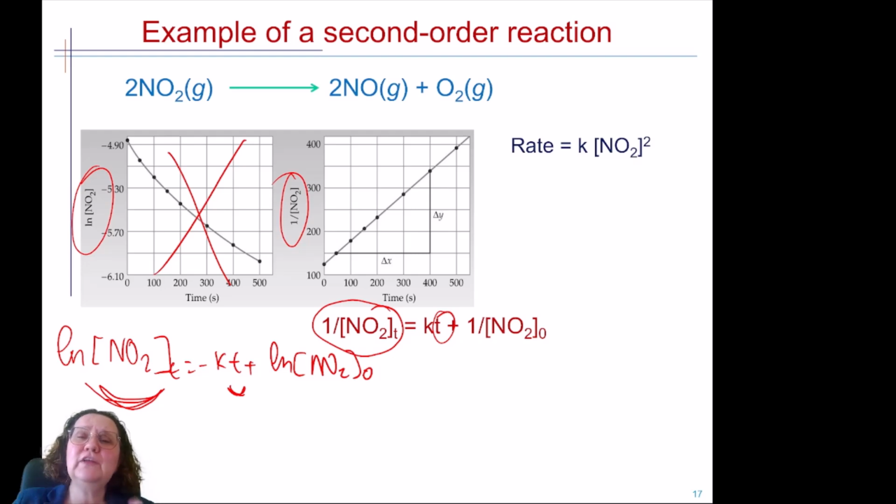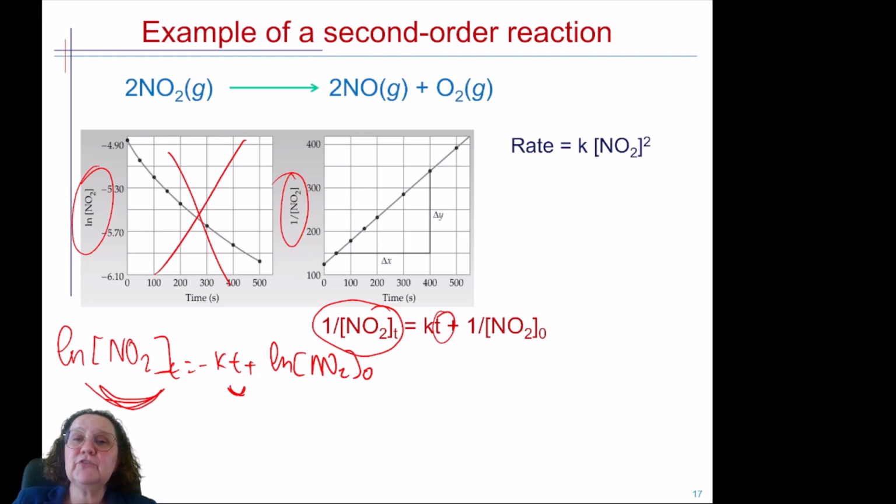And then we try to feed that data to the models we've got. Zero order, first order, second order. There are more orders, but we are going to start with these, the most common ones. And we see which one fits into that straight line. That tells us, oh, this is a second order reaction.